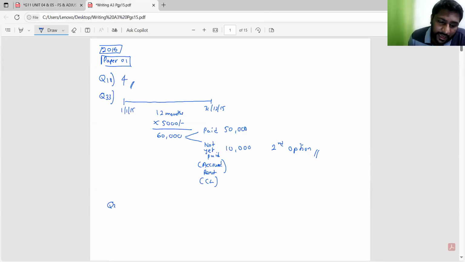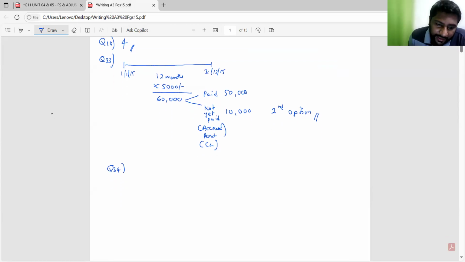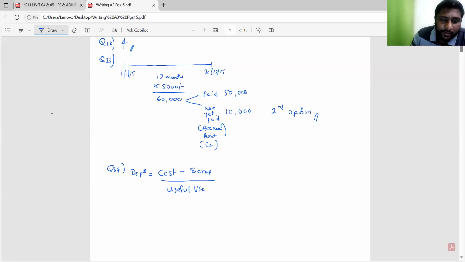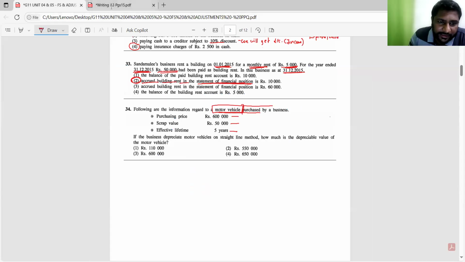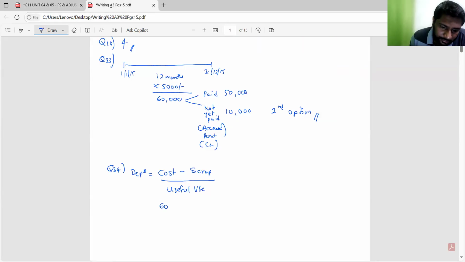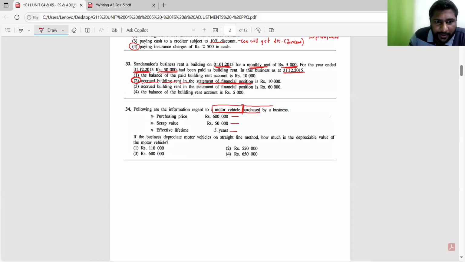So we learn how to calculate the depreciation. Depreciation equals cost minus scrap divided by the useful life. So cost is 600,000. Scrap is 50,000.